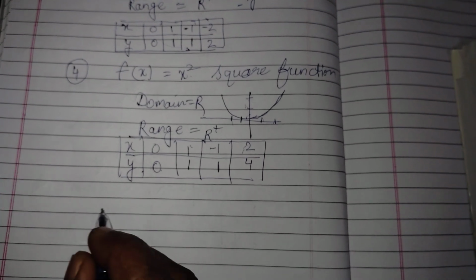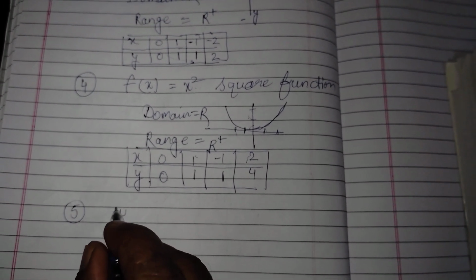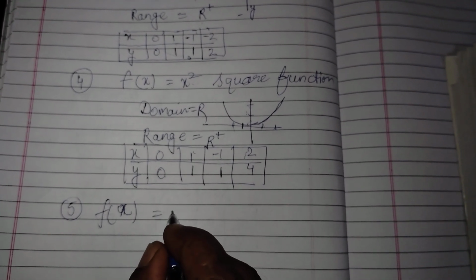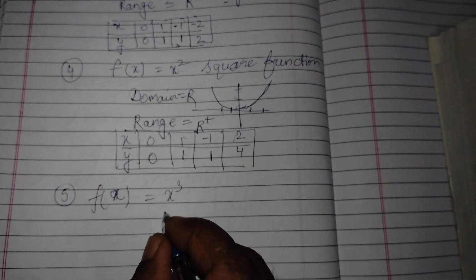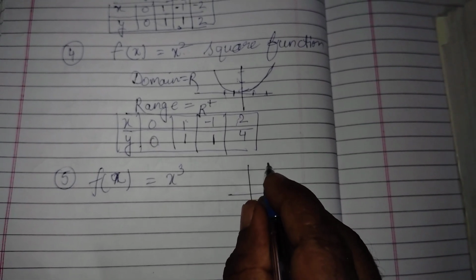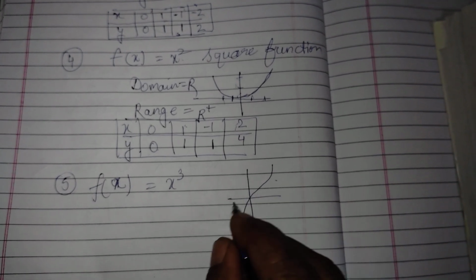Next one is the cubic function. F of x is given as x cube, that is called the cubic function. Its graph is in the first and third quadrant.